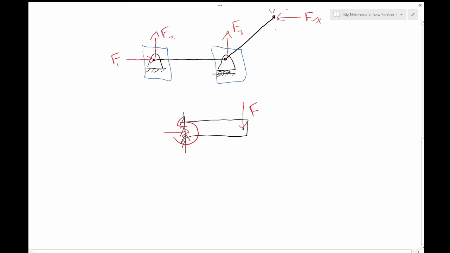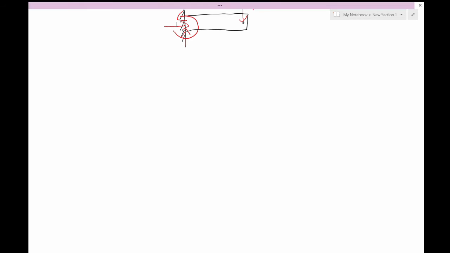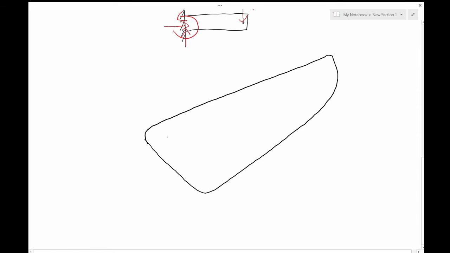Okay, so let's maybe just go through a bit of a problem to demonstrate this. So what I'm going to draw here is something of what we call a rocker. Poorly drawn, but we actually have some of these in the suspension of Midnight Sun.